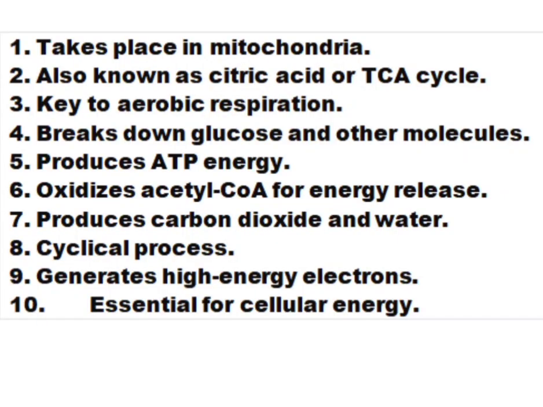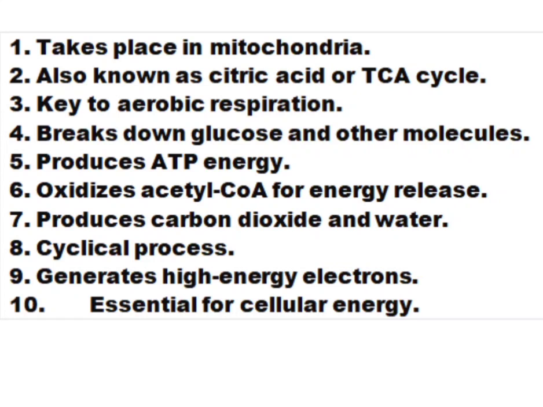It provides an exceptional insight into cellular energy production. It takes place in the mitochondria. It produces ATP when the NADH and FADH2 produced in the Krebs cycle donate electrons to the electron transport chain. It uses acetyl-CoA, which is produced as a result of pyruvate oxidation, and it produces carbon dioxide and water as byproducts.